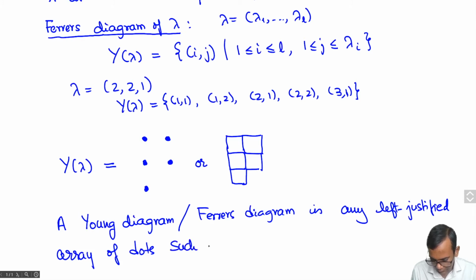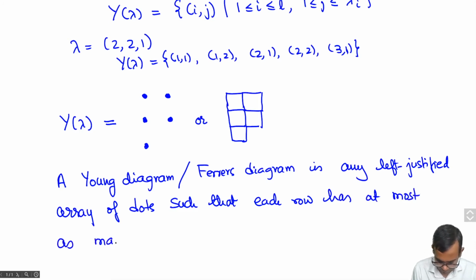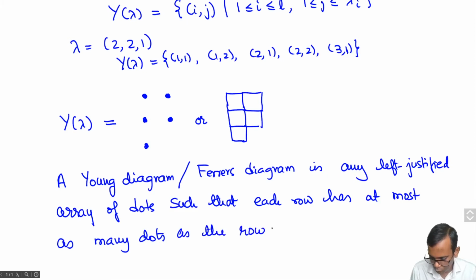such that each row has at most as many dots as the previous one, or as the row above it.